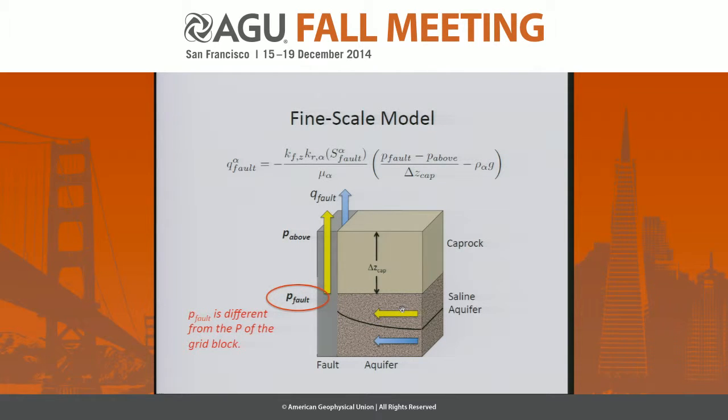If you think about a core scale model, what you would get is a pressure for the whole grid block. And because there's leakage occurring, the pressure at the fault is different than the pressure at the whole grid block. And so you need to correct for that. You need to accurately determine that to accurately determine the leakage rate.